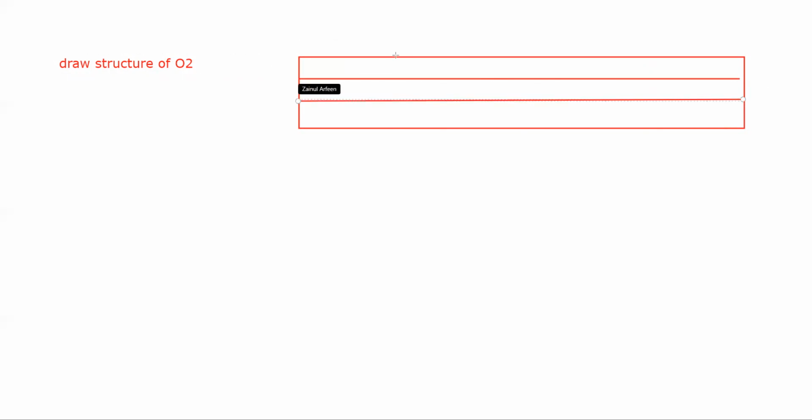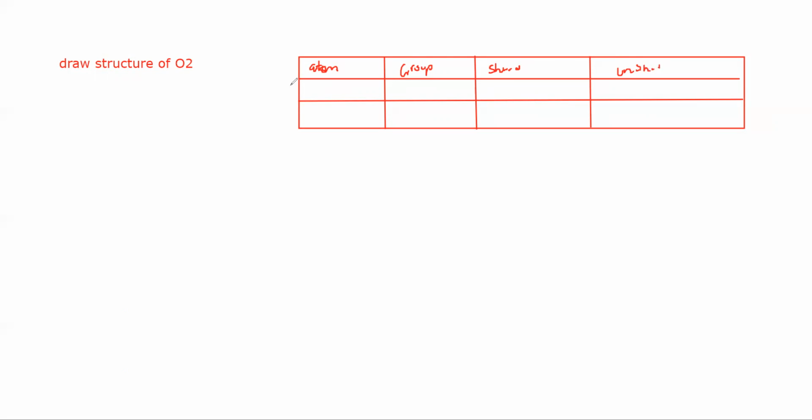Atom or element, the group number, the shared and unshared.